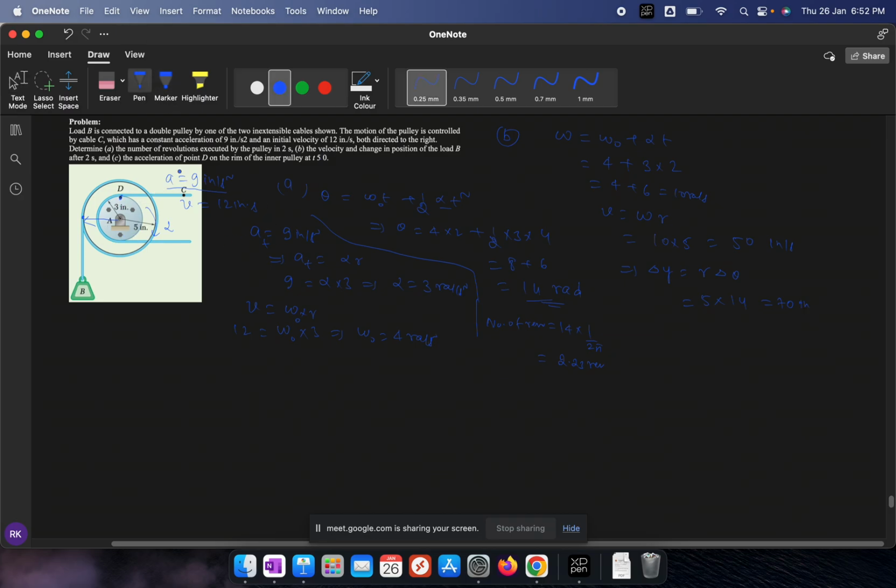Here. So what will you do at t equal to 0 for the acceleration of point D? AD, right? So AD equal to what? R alpha. Tell me, what will you do?